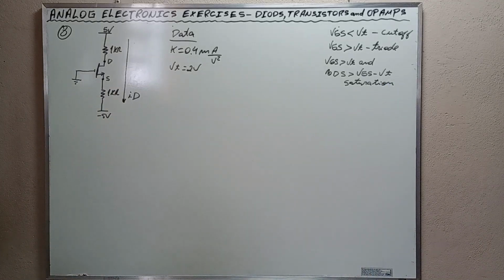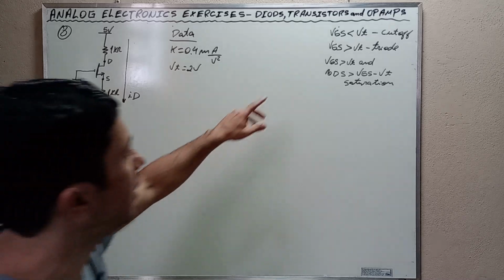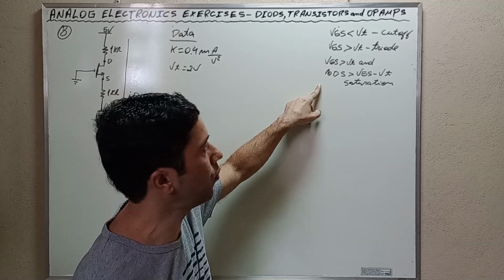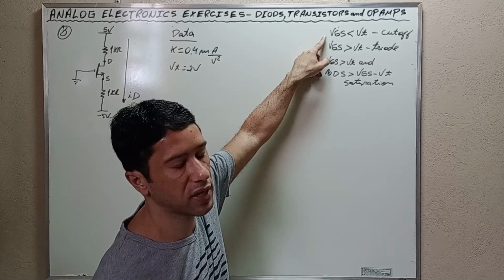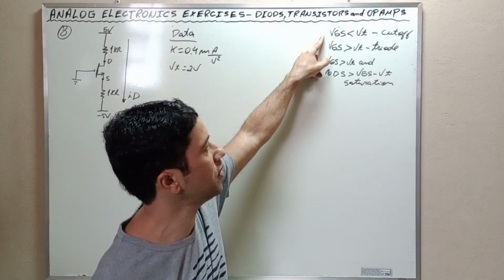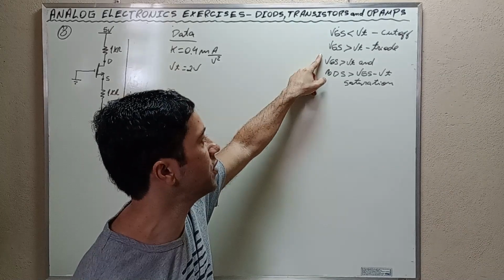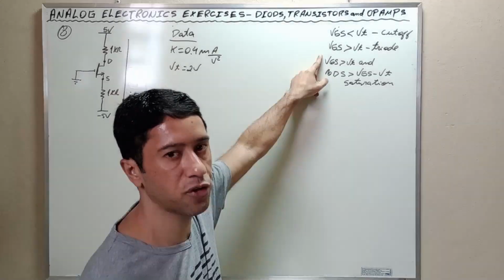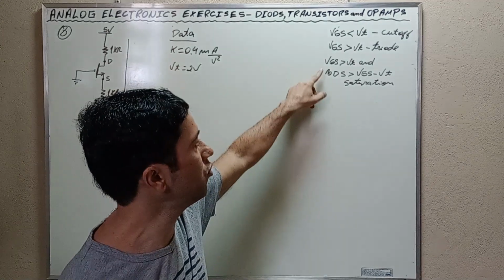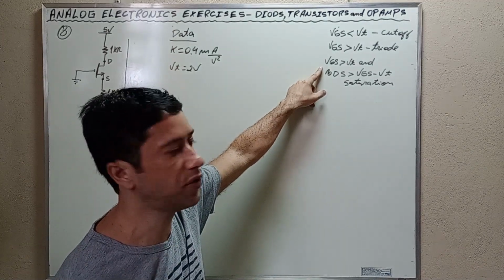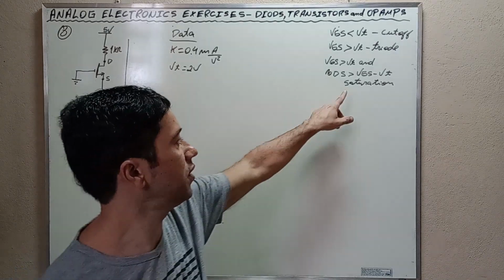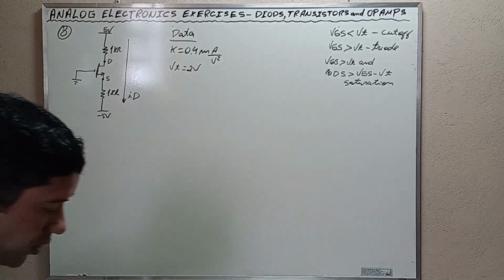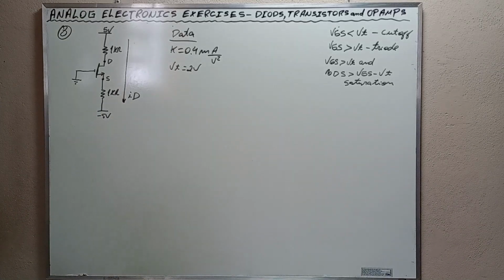This is the MOSFET, and these are the modes of operation. VGS less than VT, it is in cutoff, nothing happens. VGS greater than VT, it is in the triode region. And in addition to VGS being greater than VT, if VDS is greater than VGS minus VT, the device is operating in saturation. Okay, my friends, this is how we understand the MOSFET.